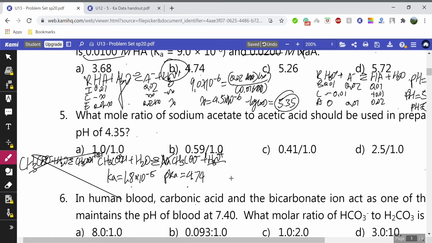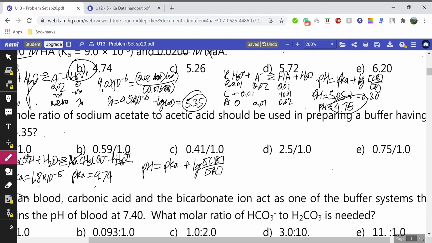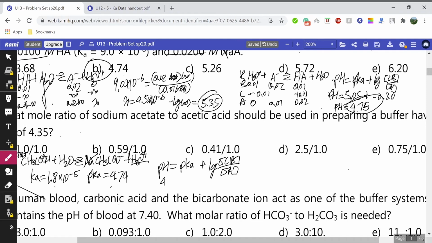Okay, now, to produce H3O plus, we're going to use the pH formula. pH is equal to the pKa plus the log of conjugate base on top divided by acid on bottom. The pH is 4.35 and the pKa is 4.74.